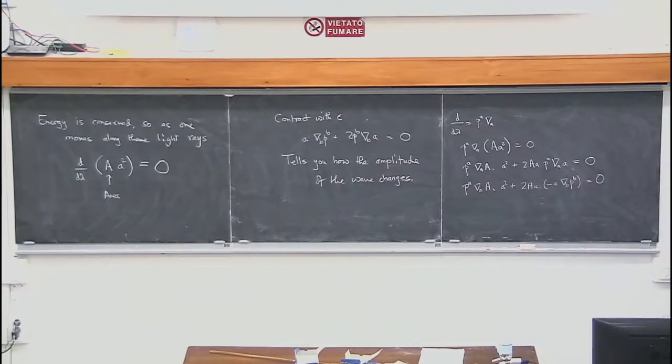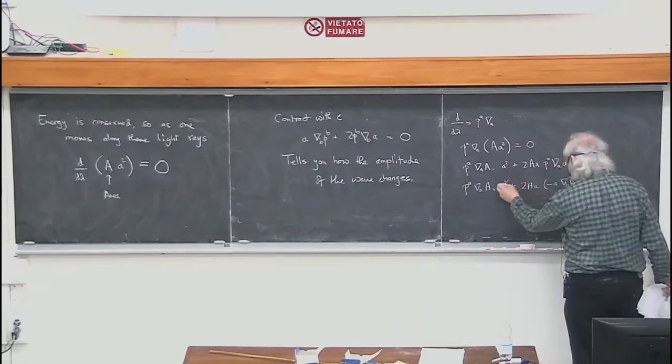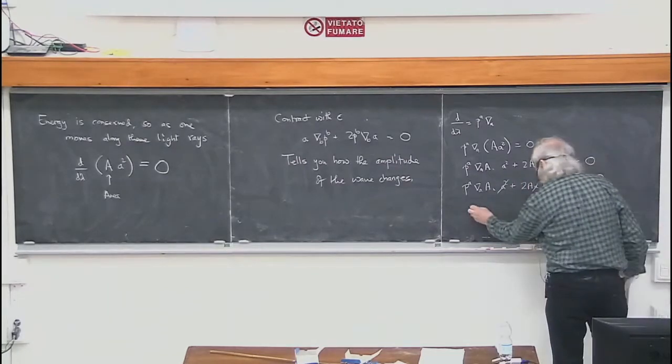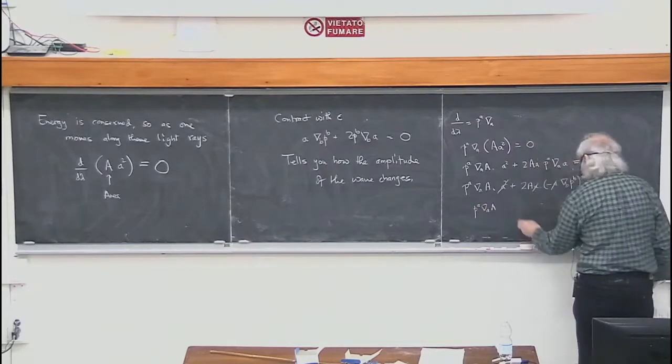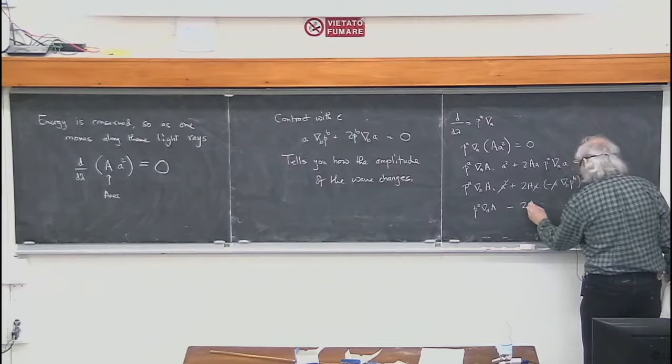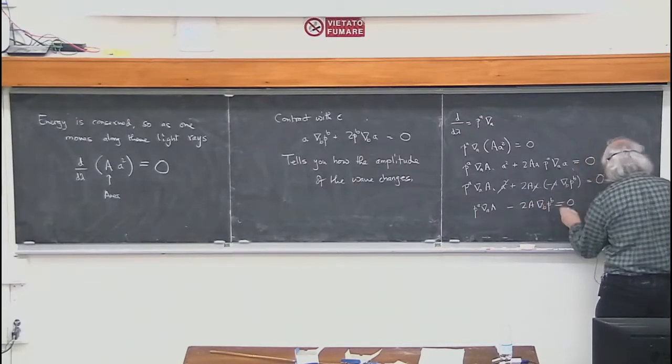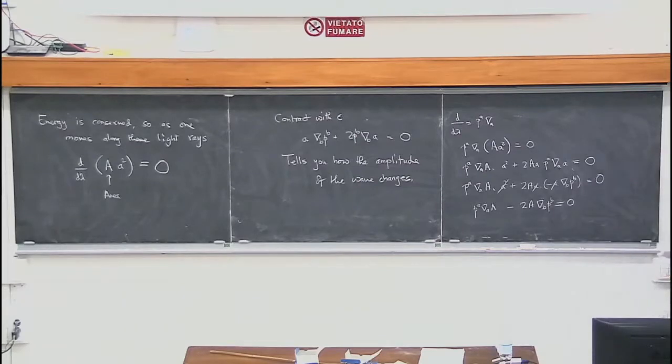Now, of course, I can cancel out the a squared and get P^A del_A of A minus 2A del_B P^B equals 0. And that tells you how the area changes as you move up and down a particular collection of light rays.